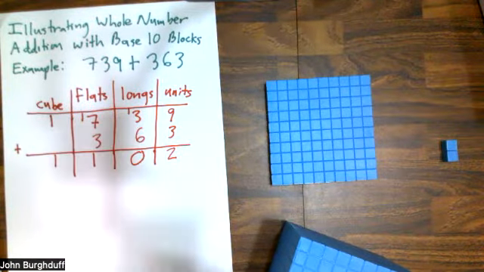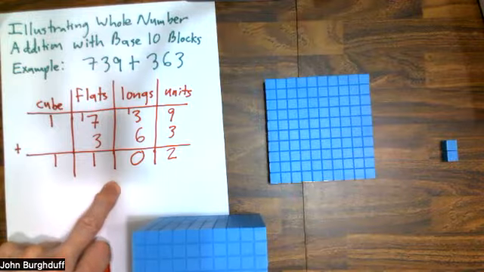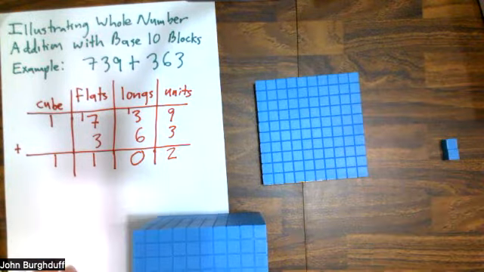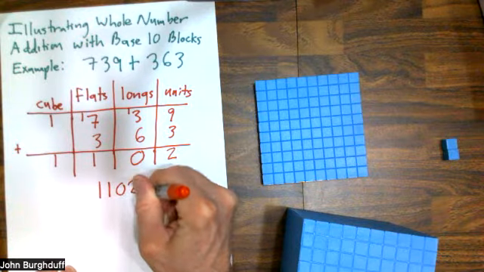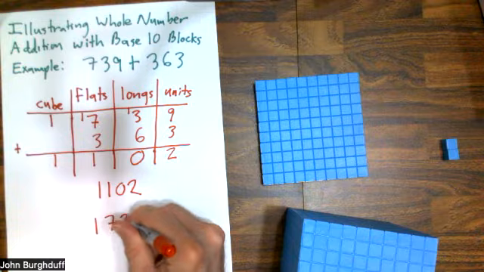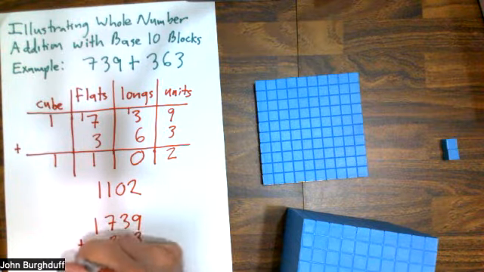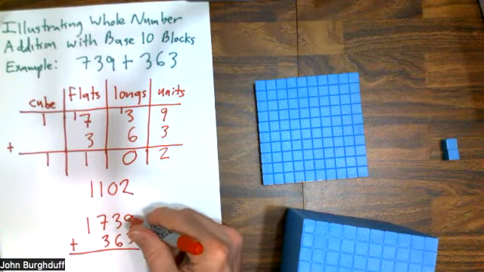So we have 1 cube, 1 flat, no longs, 2 units. That is exactly an illustration of the number 1102. And as you can see, what we have done is essentially created the standard algorithm for adding 2 numbers.